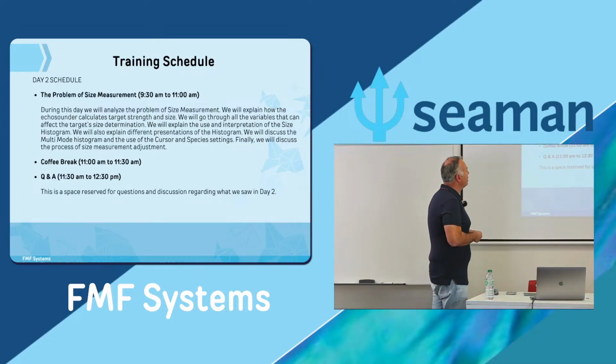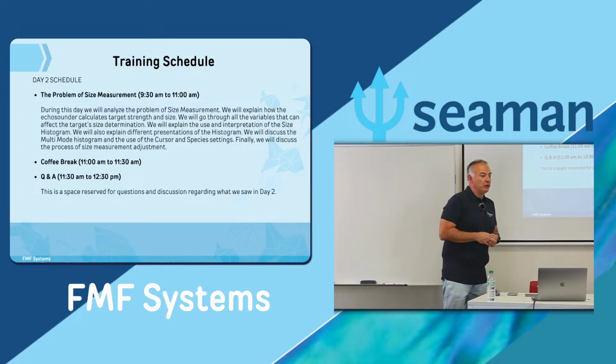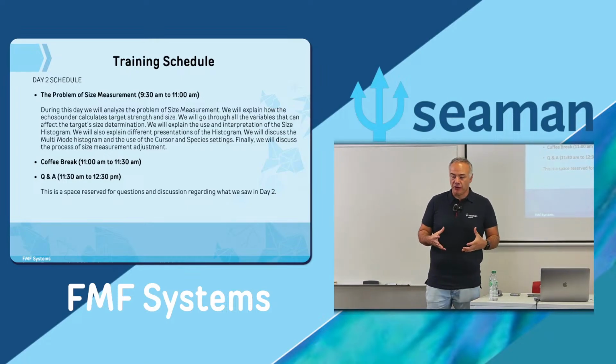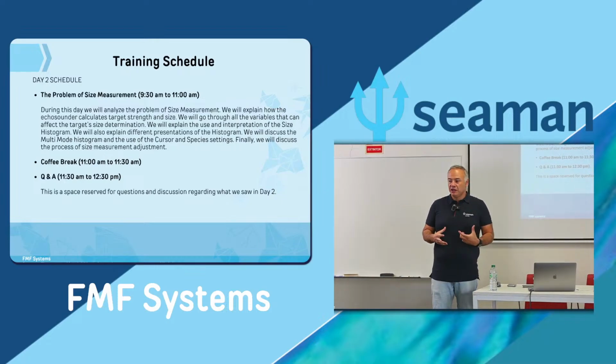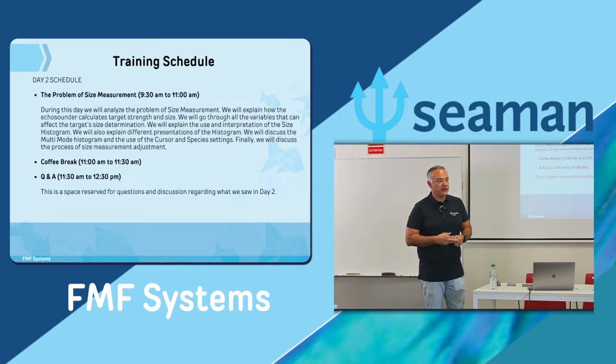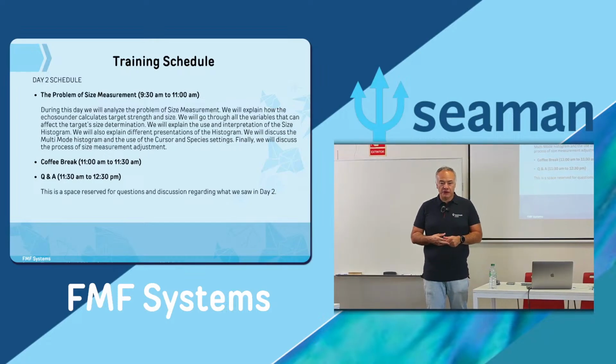And finally, we will discuss the process of adjusting the measurement, because it's true that all the systems that we deliver out of the factory, we provide with a standard calibration.